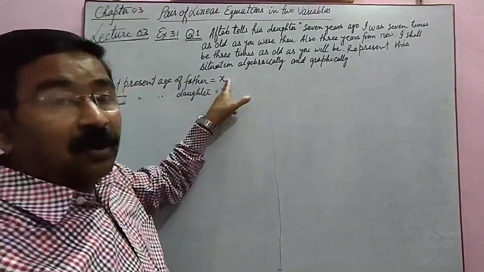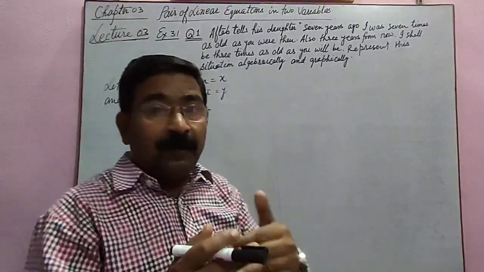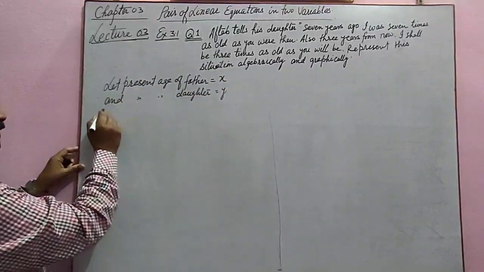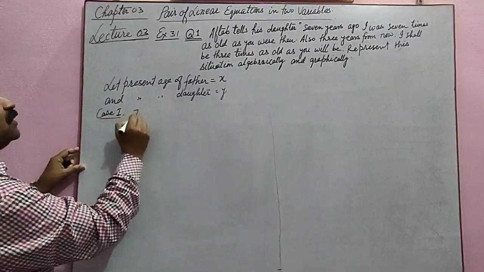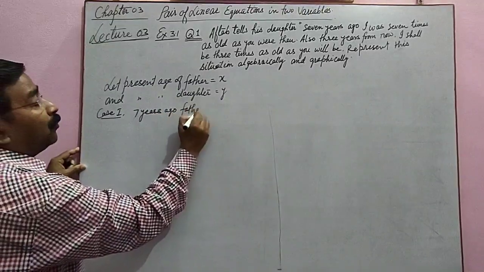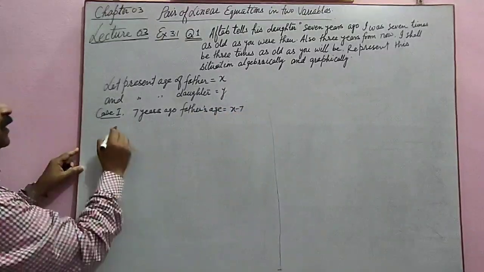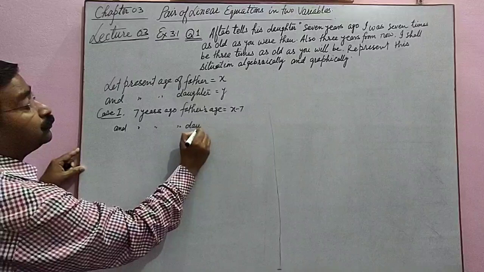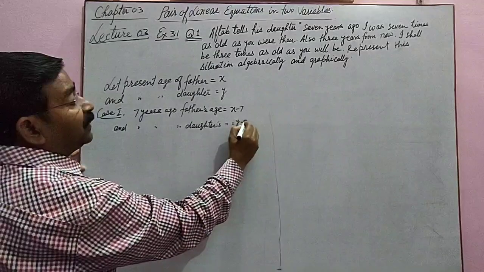Means this time Aftab is x years old and his daughter is y years old. So 7 years ago both will be younger. So we find the first situation, we write like this. Case first. 7 years ago father's age will be x minus 7, and 7 years ago daughter's age will be y minus 7.